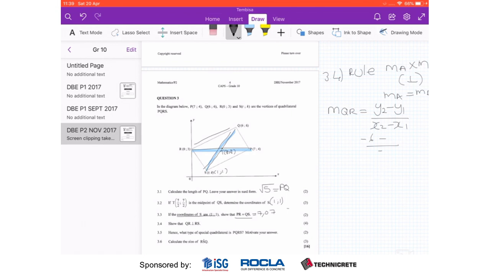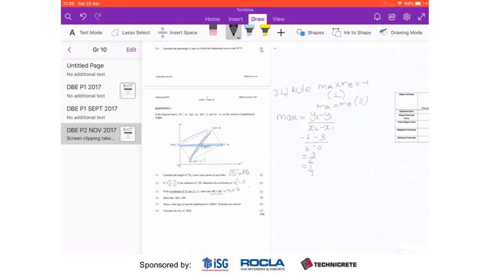So it's 6 minus 3 over 6 minus 0, which is 3 over 6, which is equal to a half. Now let's find the gradient of the next one, which is RS. y2 minus y1 over x2 minus x1, R and S. So 3 minus 1 over 0 minus 1, which is -2.